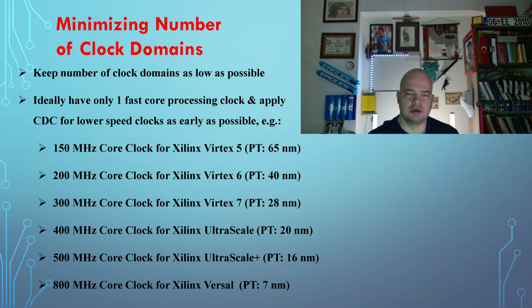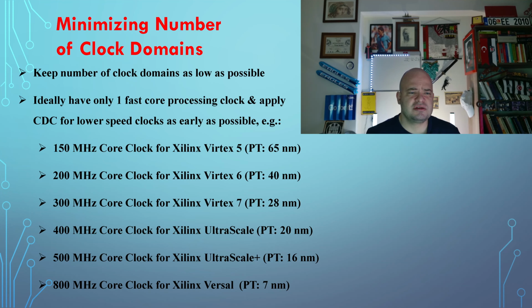First, the good coding practice and design recommendation we discussed last Wednesday was minimizing the number of clock domains. We recommended keeping the number of clock domains as low as possible.